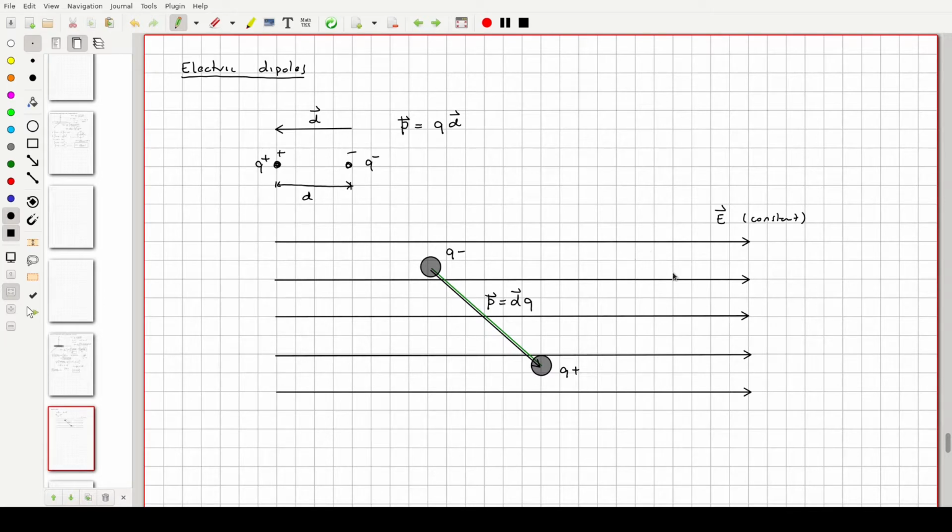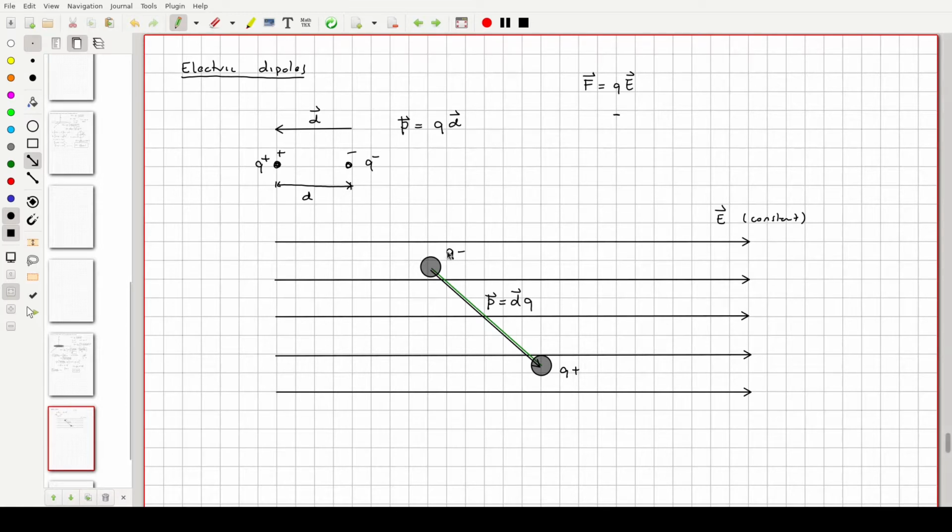Now, remember, force is equal to charge times the electric field. So when you place these charges in the presence of this electric field, they experience a force. If the charge is negative, the force it experiences is in the opposite direction to the electric field.